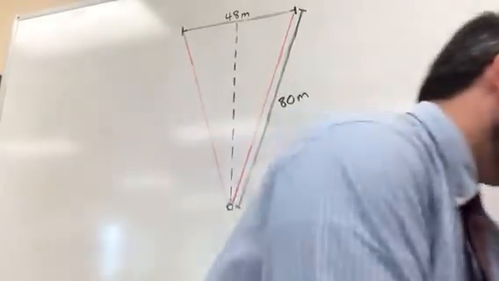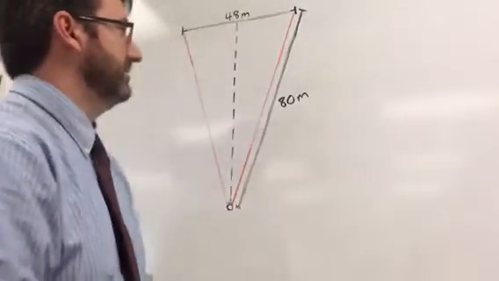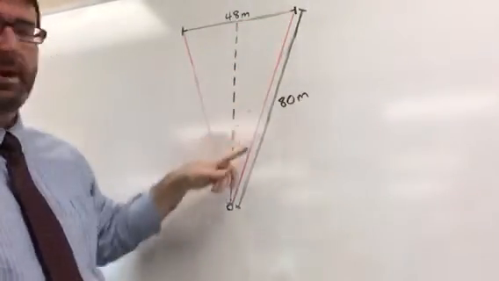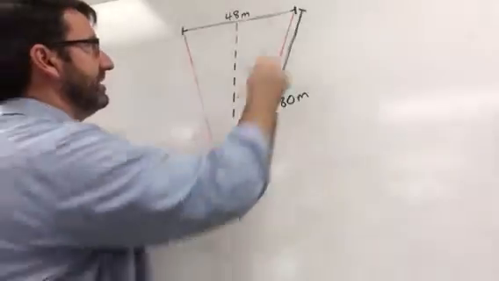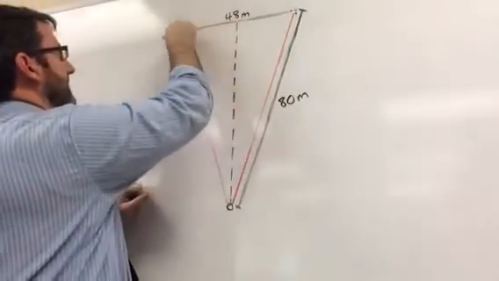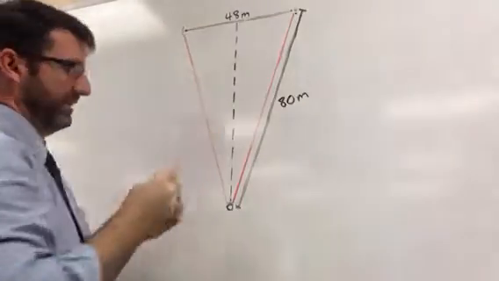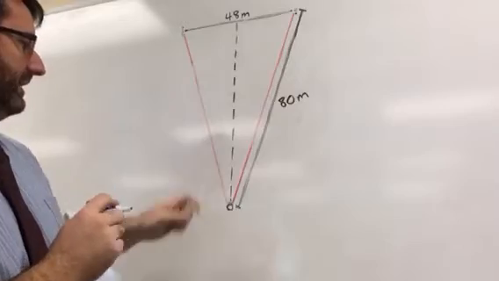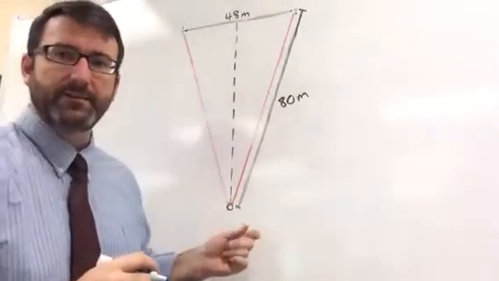All right, so what this is asking us to do, it wants us to find the endpoints of these red boundary lines. So these points right up here. And it asks us to find those relative to the throwing circle.